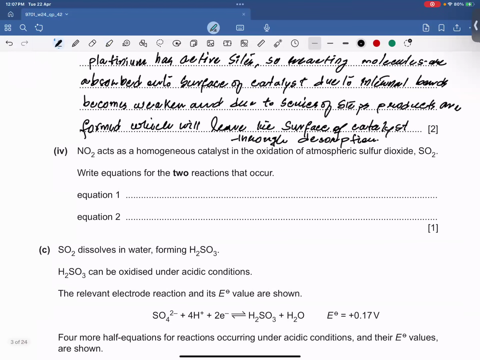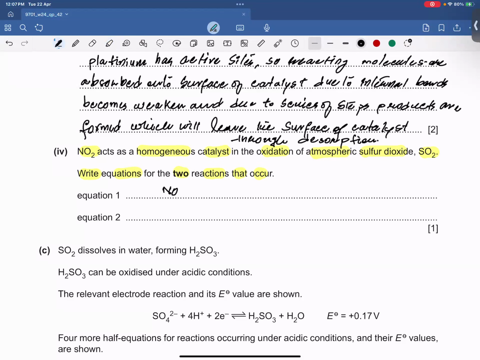Okay. NO2 acts as a homogeneous catalyst because catalyst and reactants exist in the same physical state. In the oxidation of atmospheric sulfur dioxide, write equations for the two reactions that occur. Nitrogen dioxide is basically an oxidizing agent. It is a gas at RTP. It oxidizes sulfur dioxide gas into sulfur trioxide in the atmosphere and reduces itself.